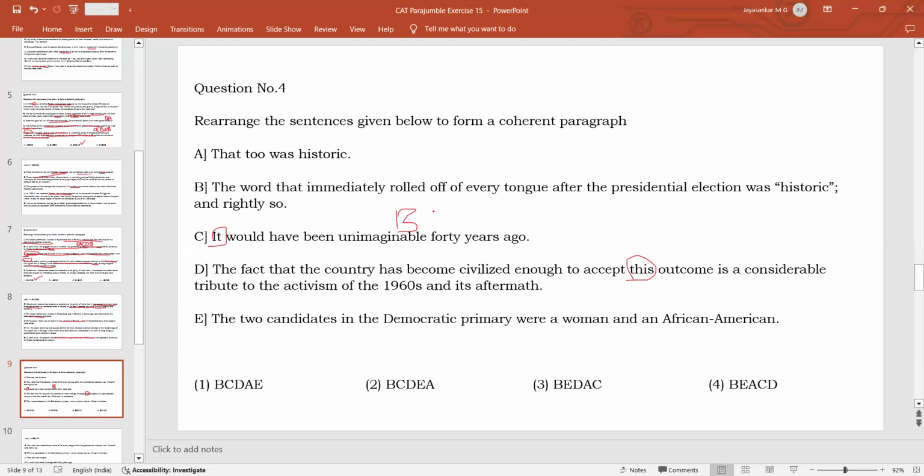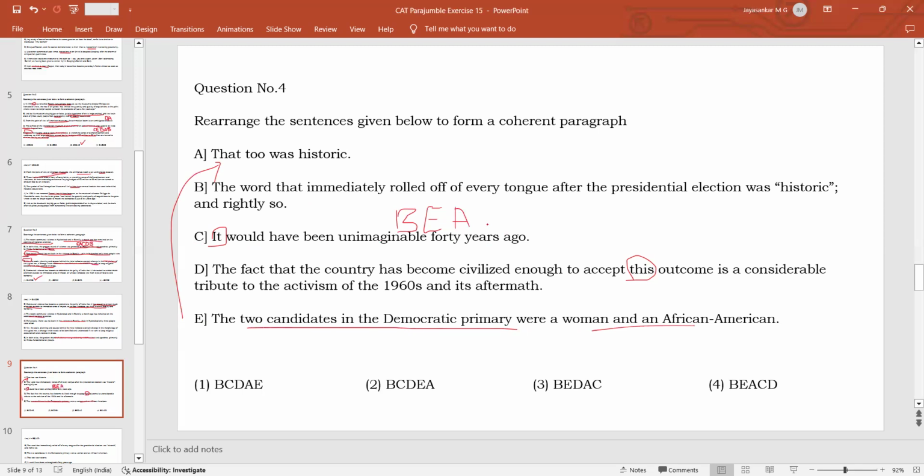So BE could be the pair that opens this. And then what can happen? That too was historic: these candidates being a woman and an African American, that too was historic. So BEA. Why was it historic? It is given in C.